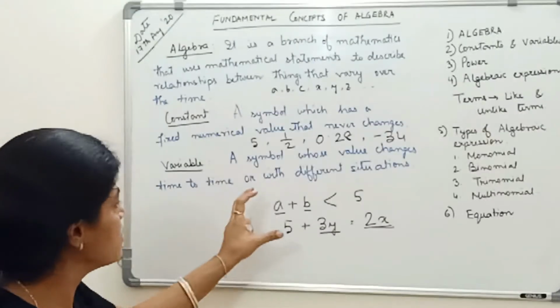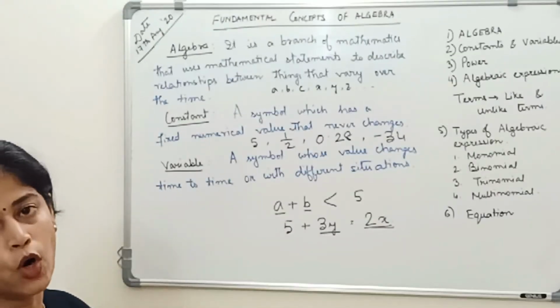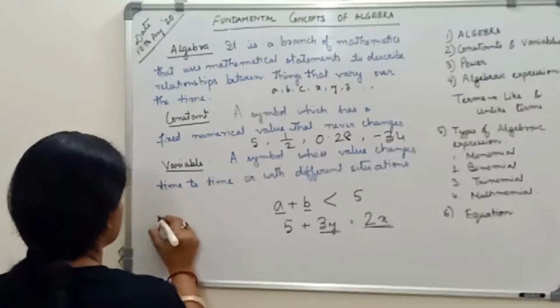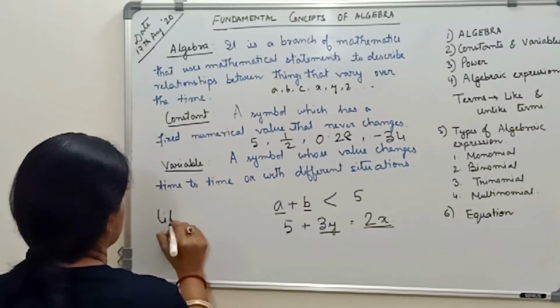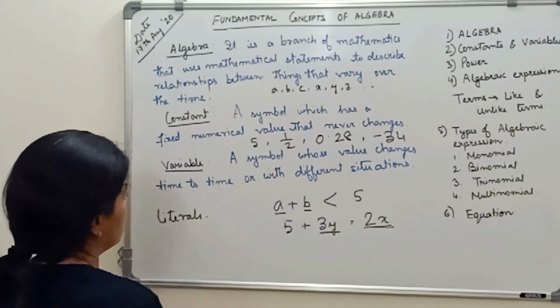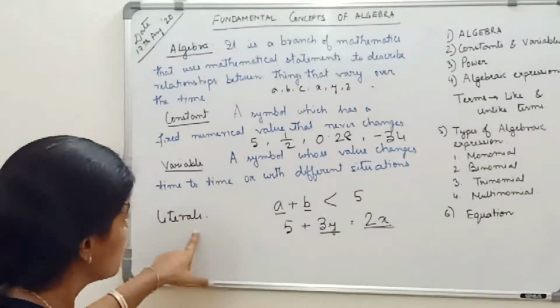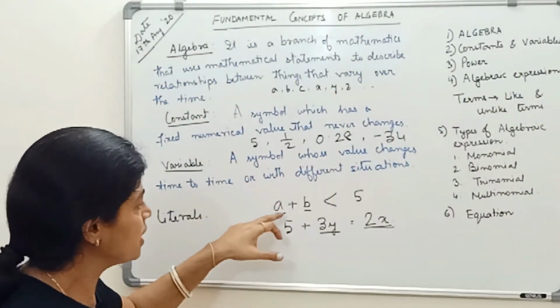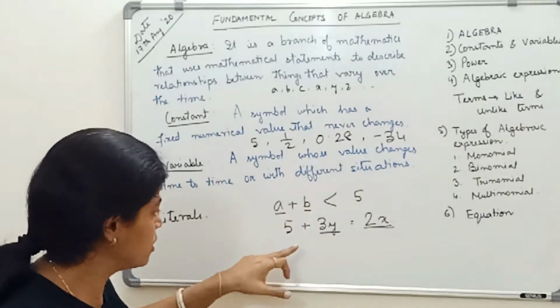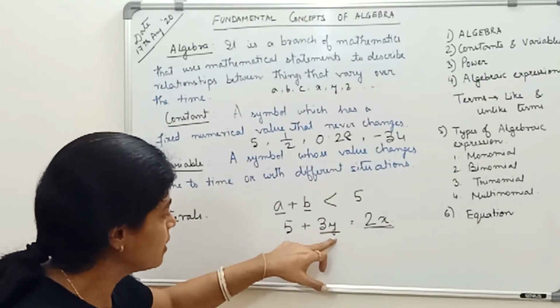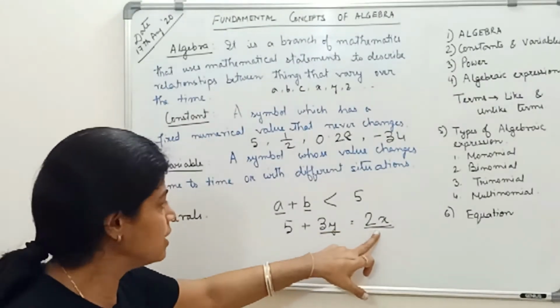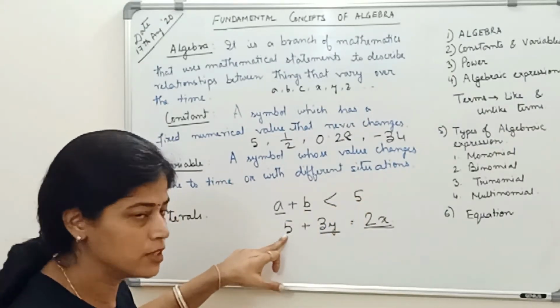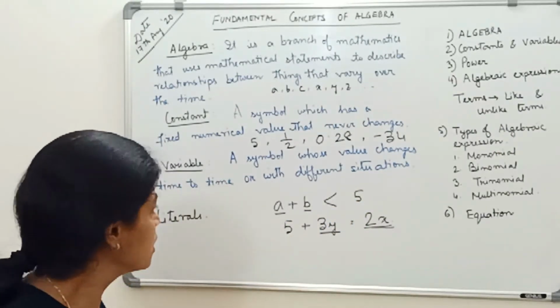These types of symbols are called variables or literals. So here a, b are literals, then 3y, 2x, these are literals, but 5 is a constant. It will never change.